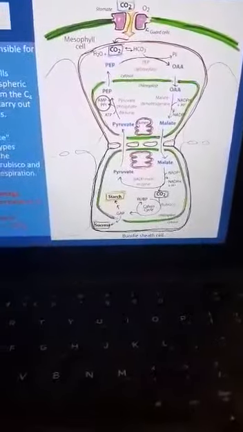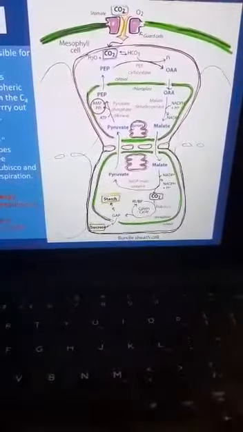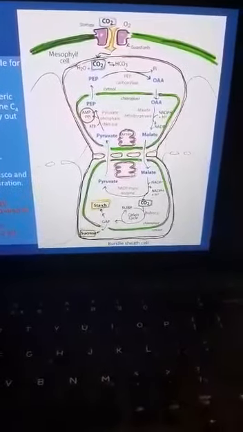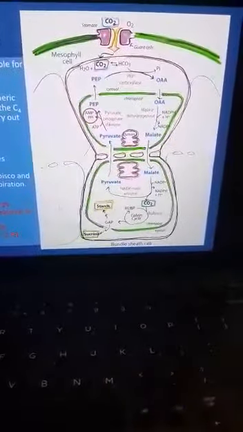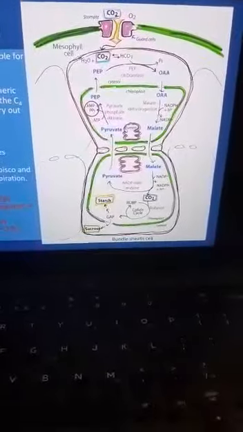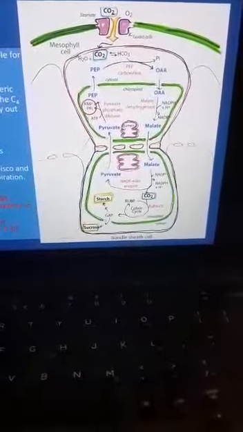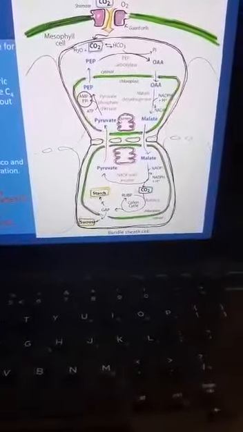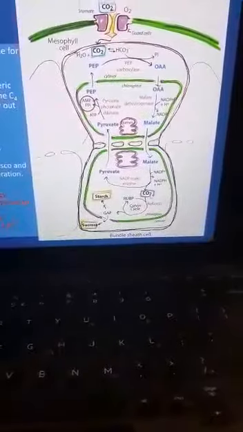And the movement of that oxygen to the vascular bundle cells is going to be through a diffusion process, which is a passive mode of transport, which is not as effective as the active mode of transport through which these malate molecules are delivered to the vascular bundle cells and broken down into carbon dioxide molecules.